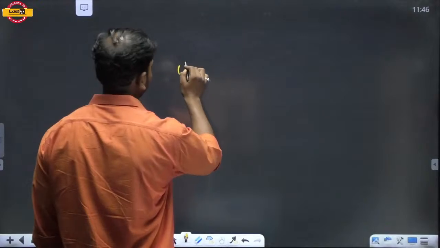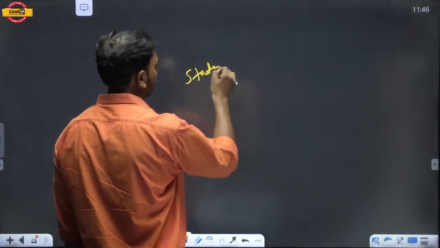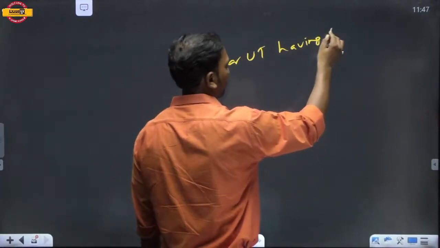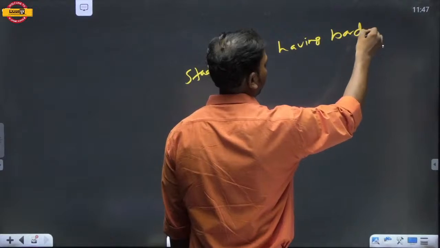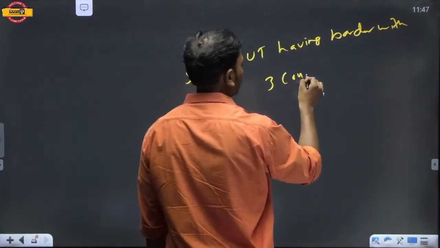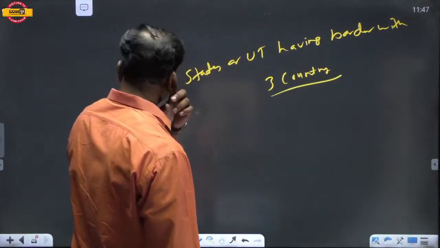Now the question simply demands the states or union territories having a border with three countries.